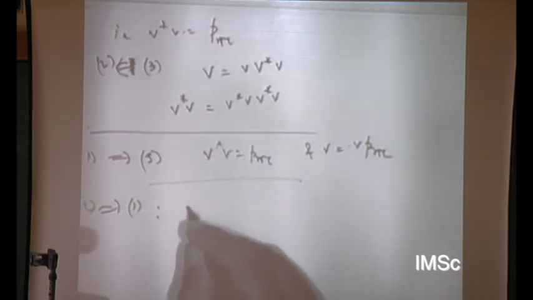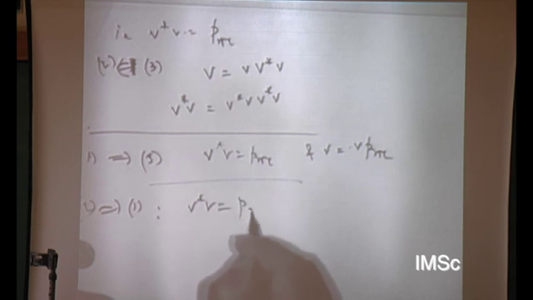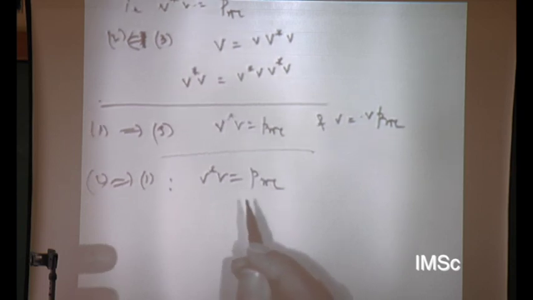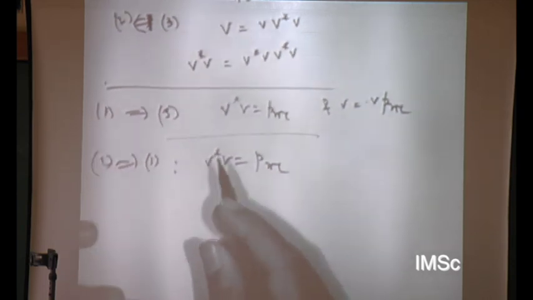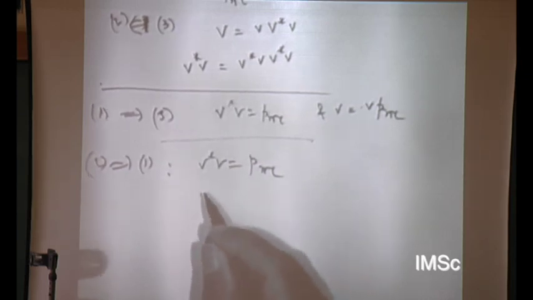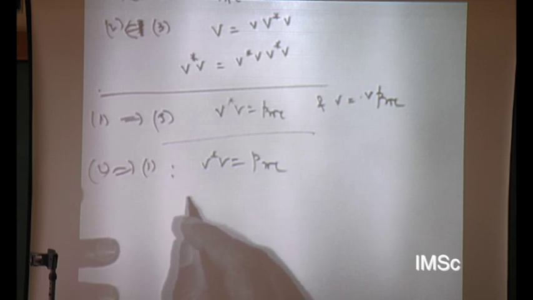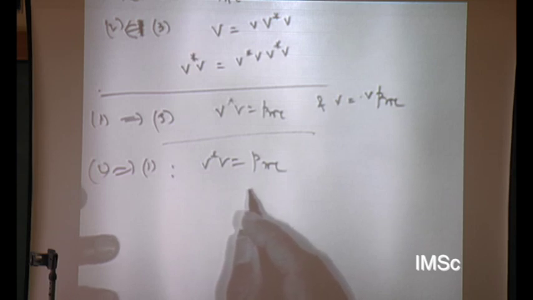So V star V is a projection, so it is a projection onto M. Now I want to say that on M perp, V is 0.